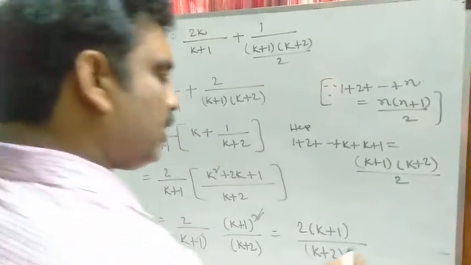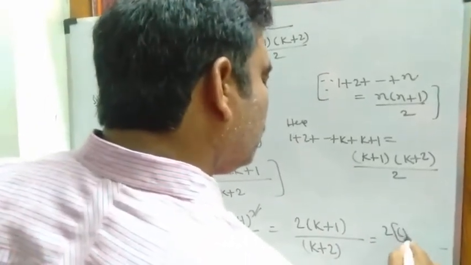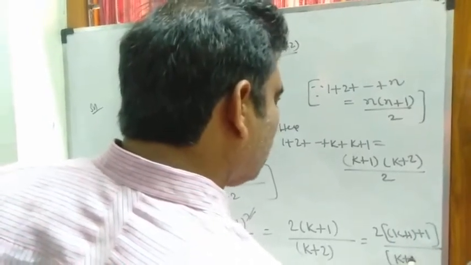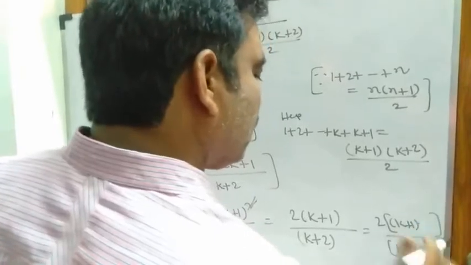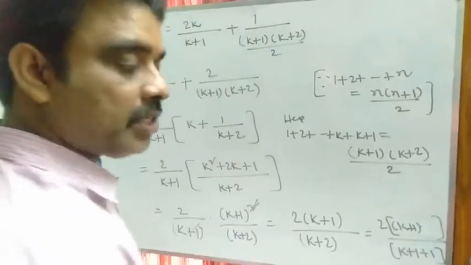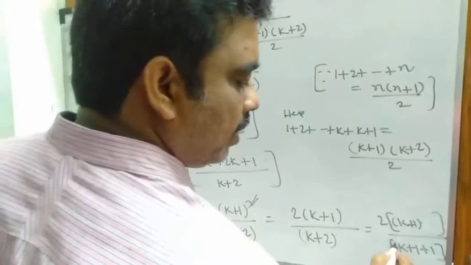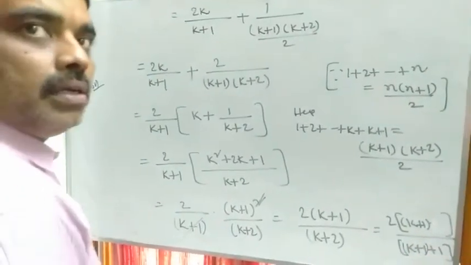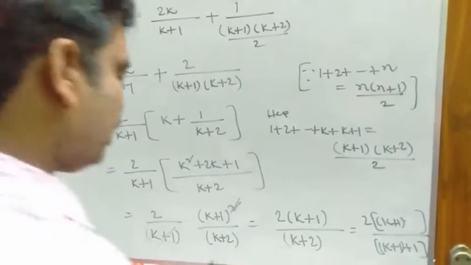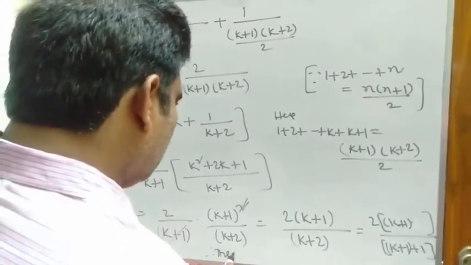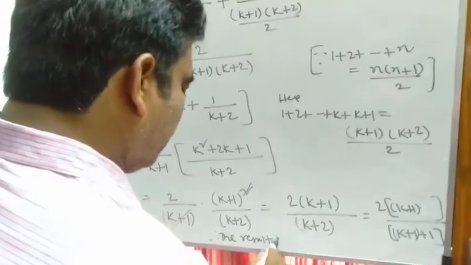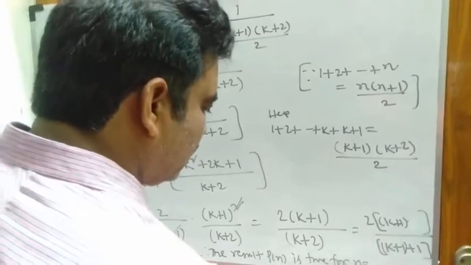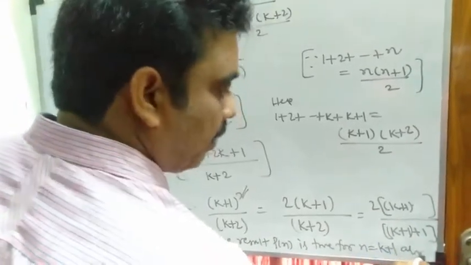So for k plus 1 terms, it is in the form 2 into k plus 1 by k plus 1 plus 1, the 2n by n plus 1 notation. That means the theorem is true for n is equal to k plus 1 terms also. Therefore, the result P of n is true for n is equal to k plus 1 also.